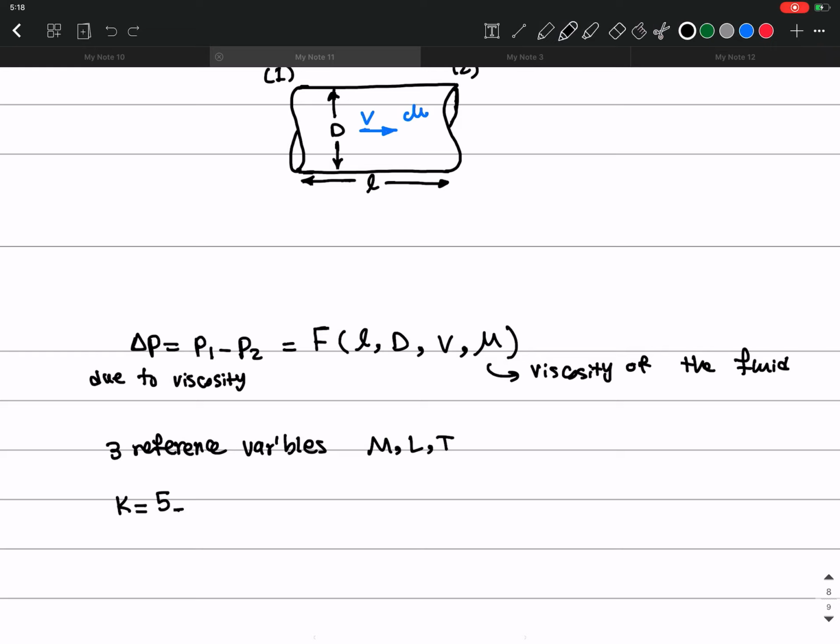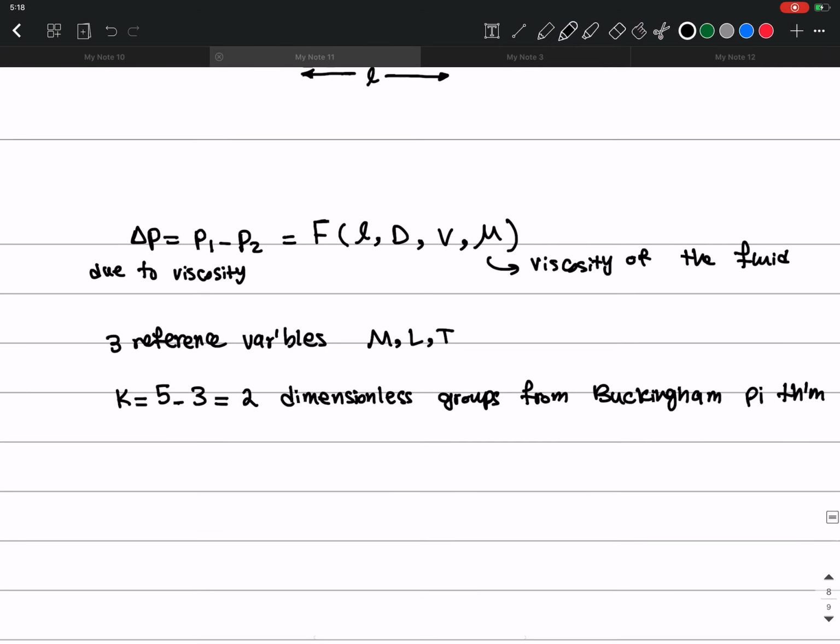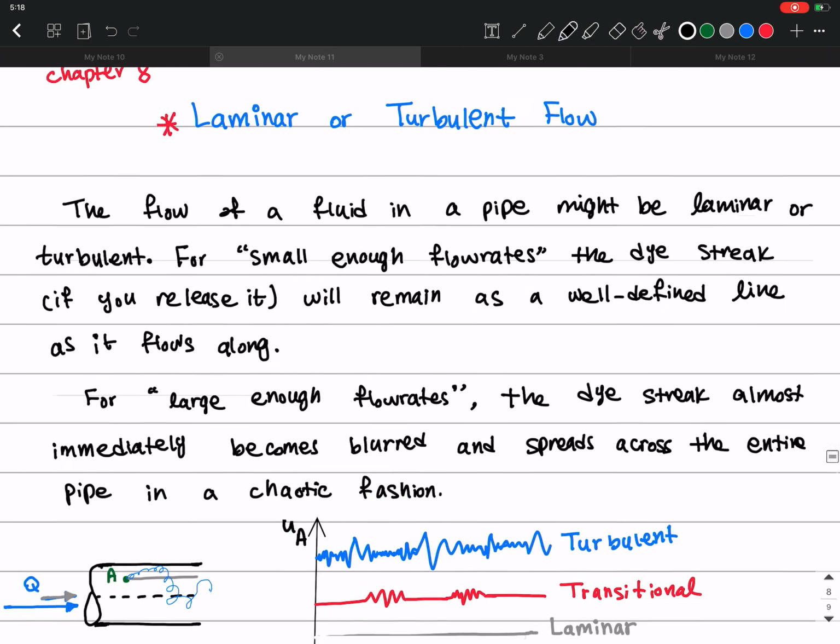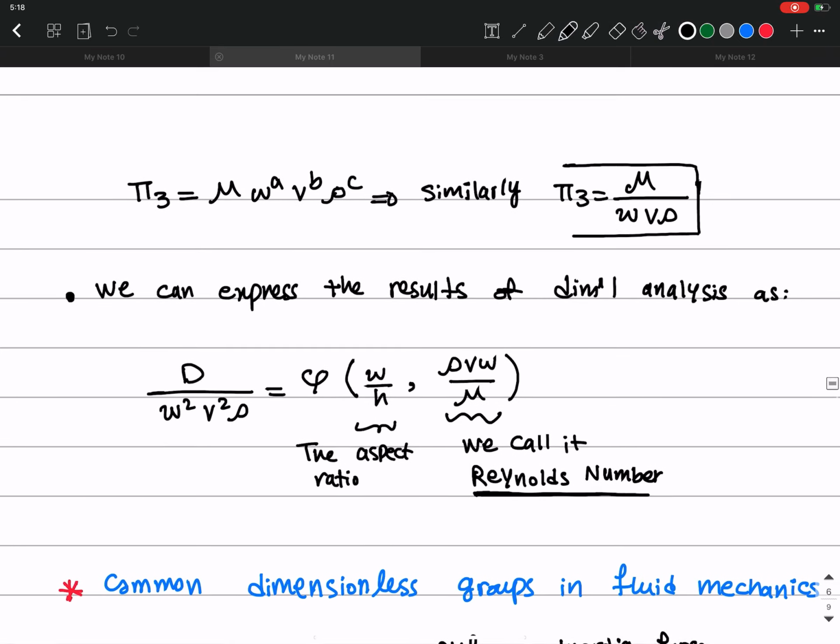So we are going to have 5 minus 3 equals 2 dimensionless groups from the Buckingham-Pi theorem. Okay? We previously found these, so I'm not going to go through those steps again because you can do that yourself, but let me see if I have it here.